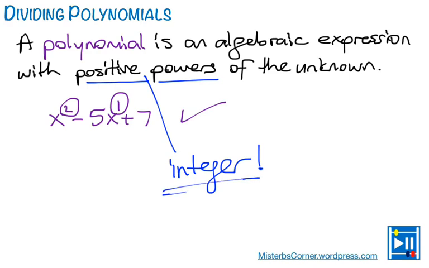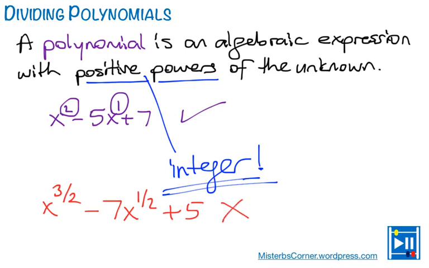This is very important, because if I was to write x to the power of 3 over 2 minus 7x to the power of 1 over 2 plus 5, this is not a polynomial because of the powers. The powers are positive, but they're not integers, they're fractions.